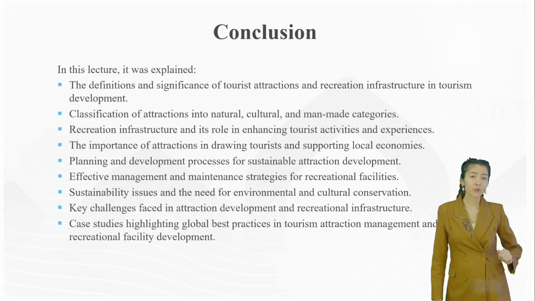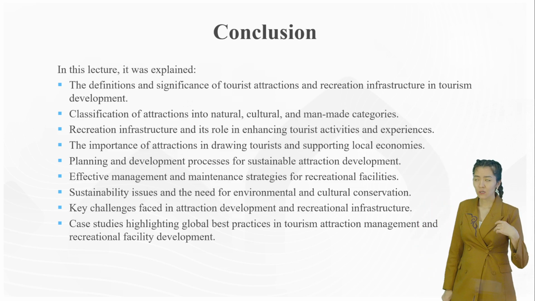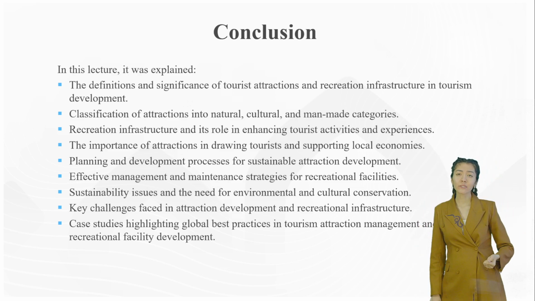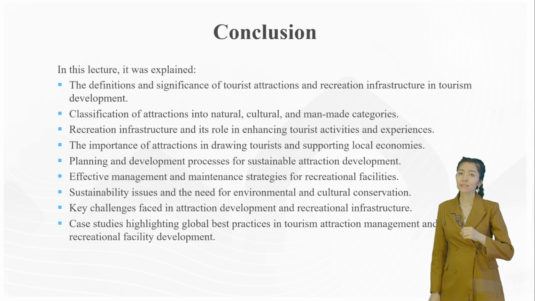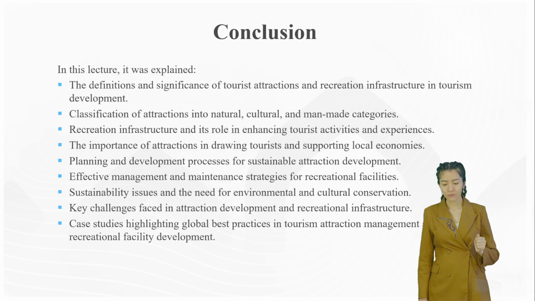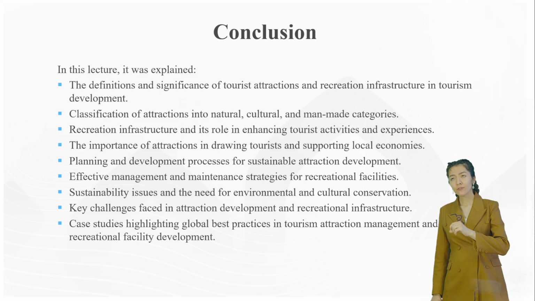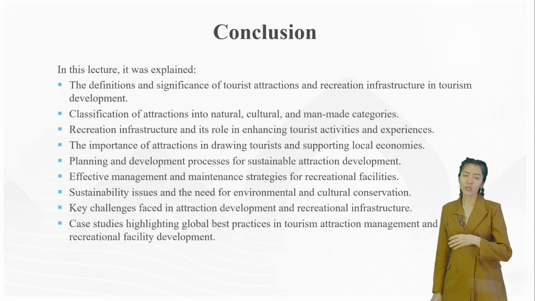I explained to you how it is organized in real-world examples in different case studies. I introduced the best examples to you, and also explained the life cycle of tourist destination planning, which is related to tourism infrastructure.